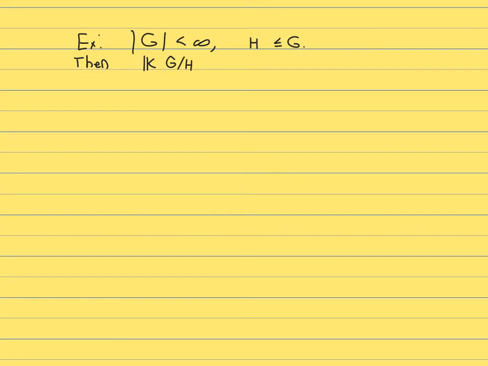What this means is that the basis of this vector space are cosets, gH. So this might be a new concept for most students, but you can always form a vector space out of any finite set. It just means you're taking linear combinations of the elements of that finite set.